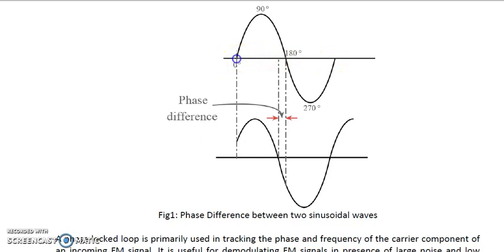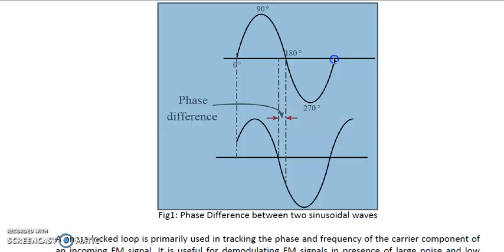This is the time period of sinusoidal wave 1, and the second sinusoidal wave has a somewhat larger time period, because at this vertical line, the y-axis, it is not originating from 0.